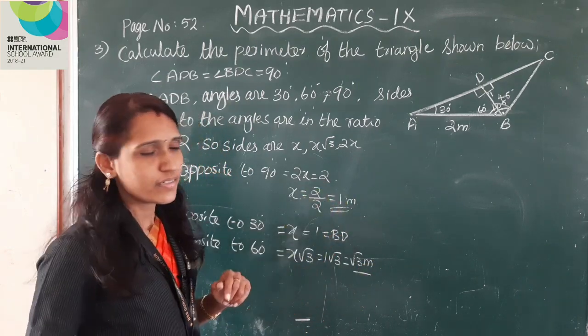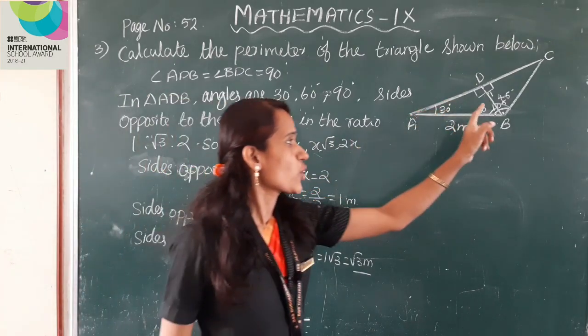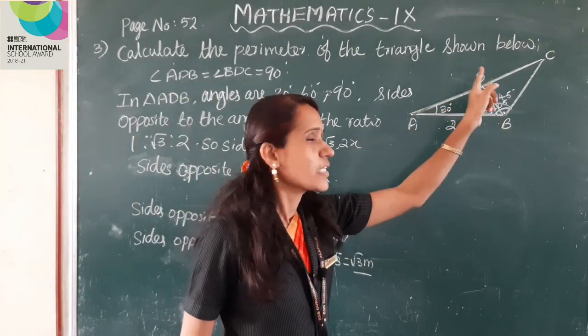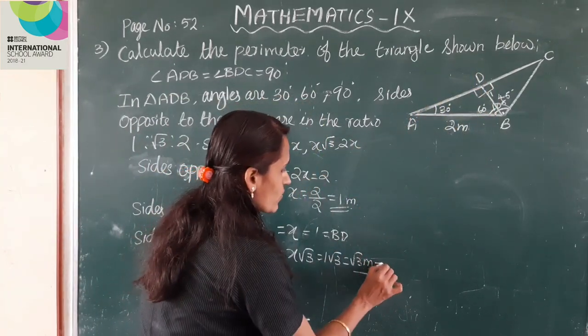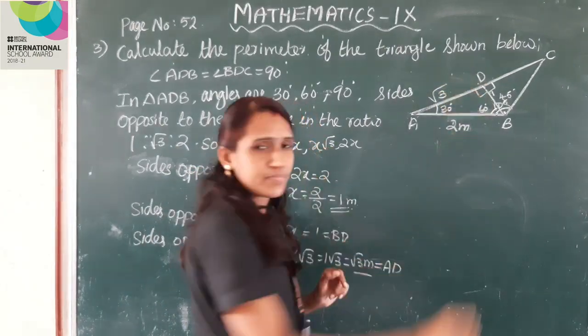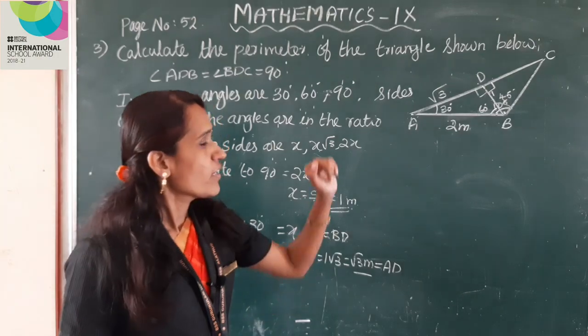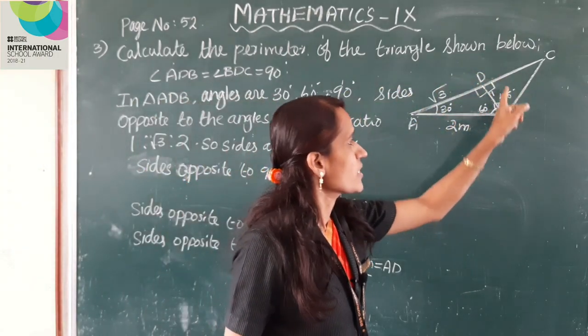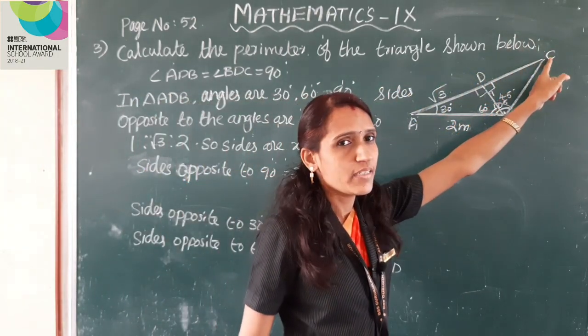Here side opposite to 60 degree is AD. So this is equal to AD. So AD is root 3. Okay, next consider this triangle BDC.